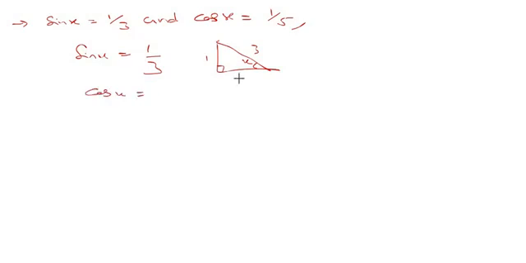For that we need to identify the adjacent side. Adjacent side is clearly root 8. So whenever sin x is 1 by 3, cos x may be plus or minus root 8 divided by 3. But here he is giving that it should be 1 by 5. So the answer will be what? No solution.